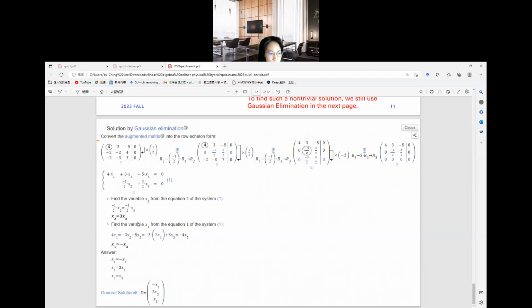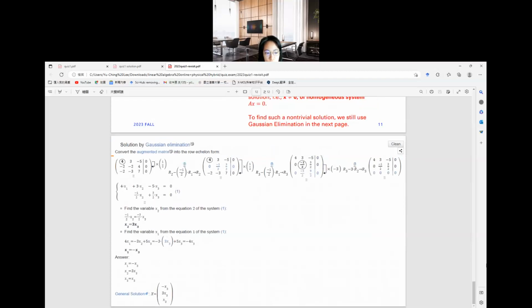Then I can continue to solve, and I found out that I can write it as x2 equals 3 times x3, and then x1 equals minus x3.